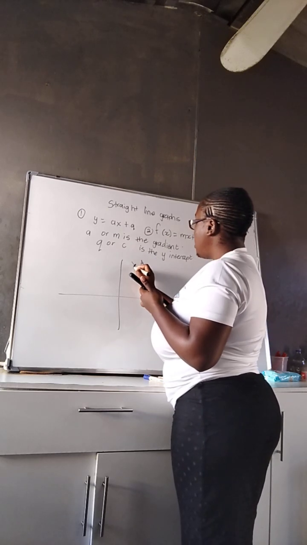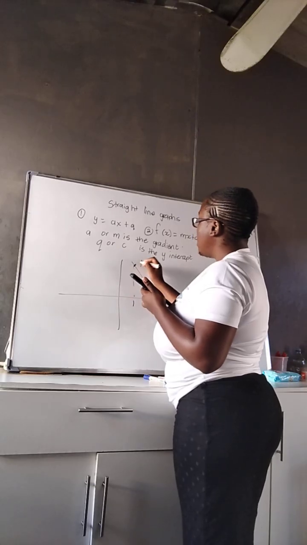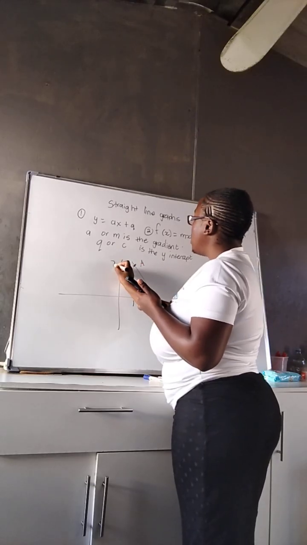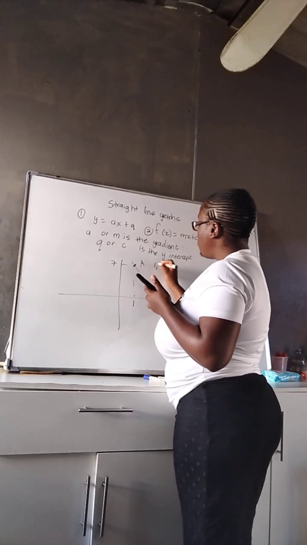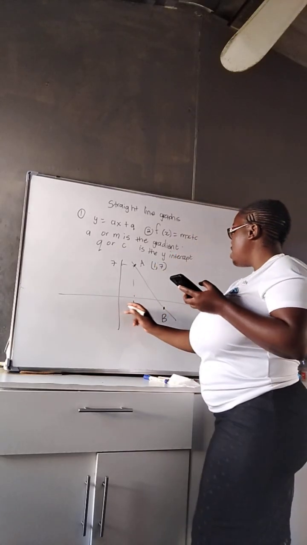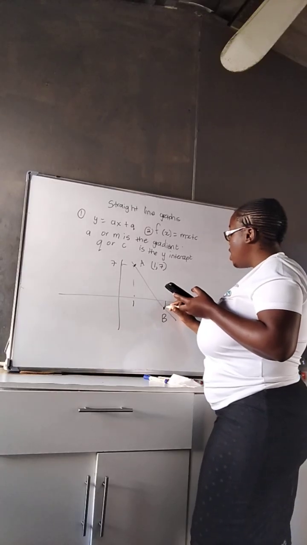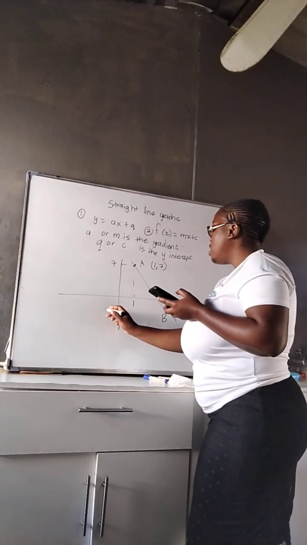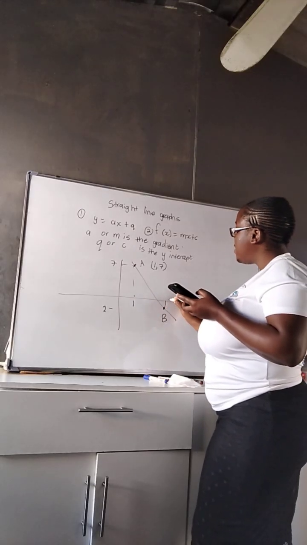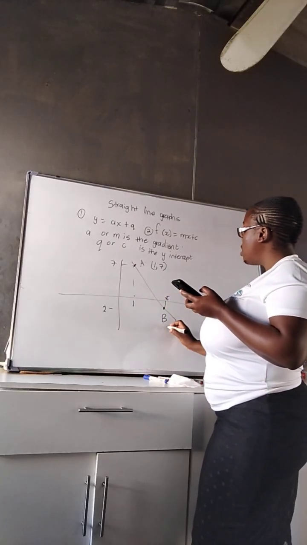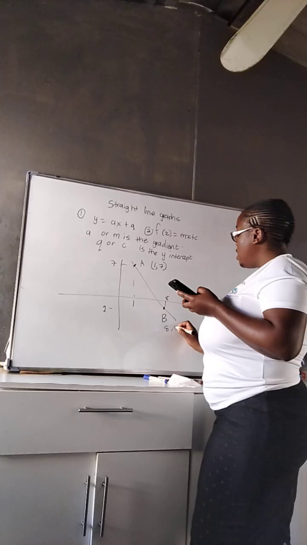Let's say this is 1 and this is 7. I'm just assuming, I'm not really drawing it up to scale. So this is 1 and 7, and then this is -2, and this is 8. So this point will be 8 and -2.